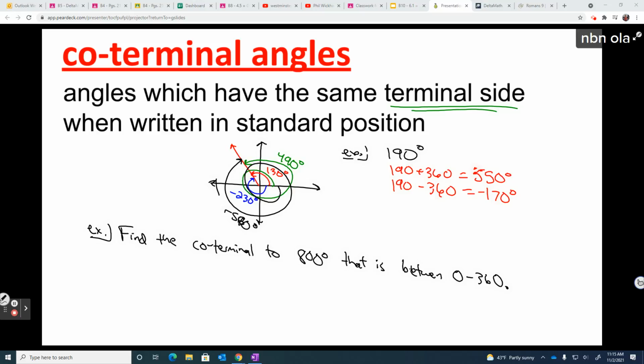So an angle like 800 degrees doesn't mean a lot to us just because it's a lot bigger than angles that we know. But we could put this in simpler form by finding the coterminal angle that's between 0 and 360. How would we do that?